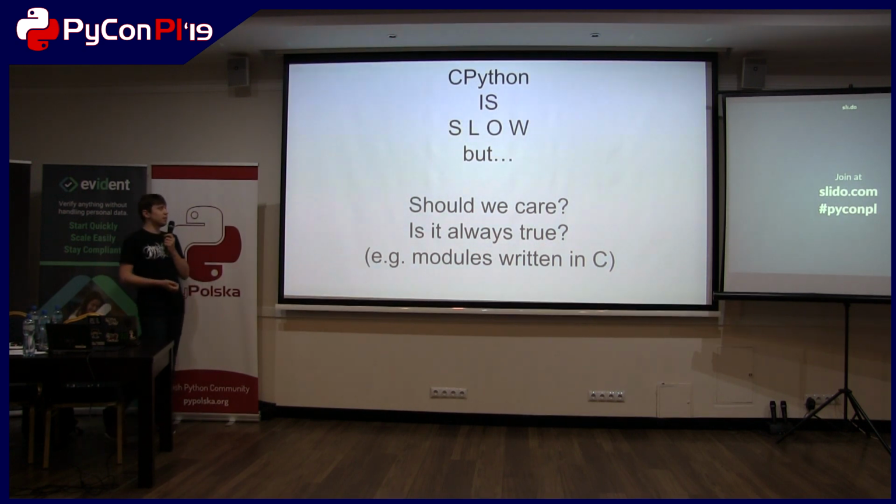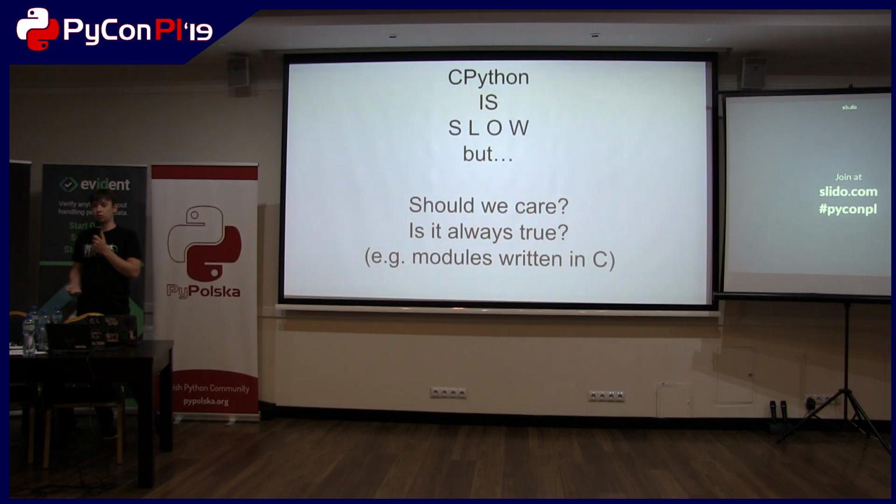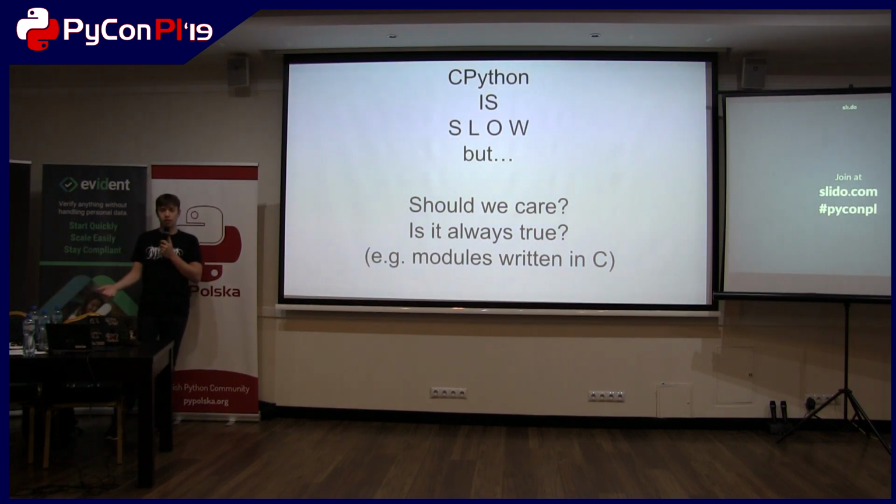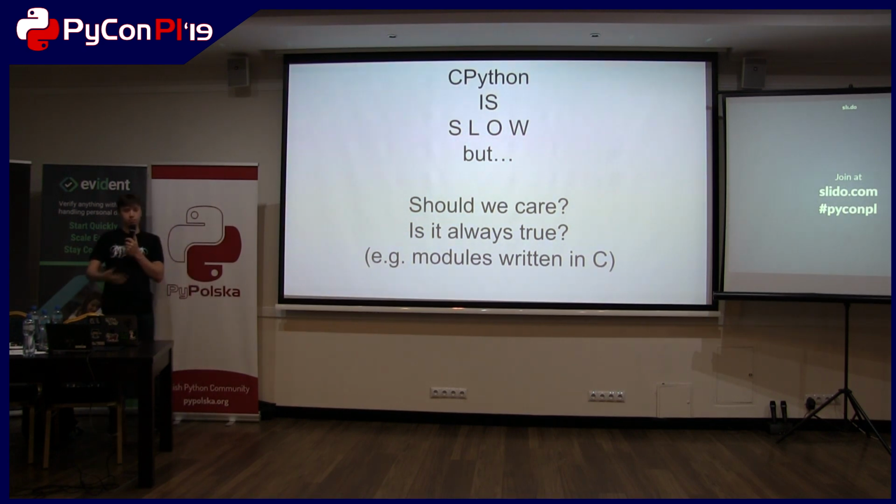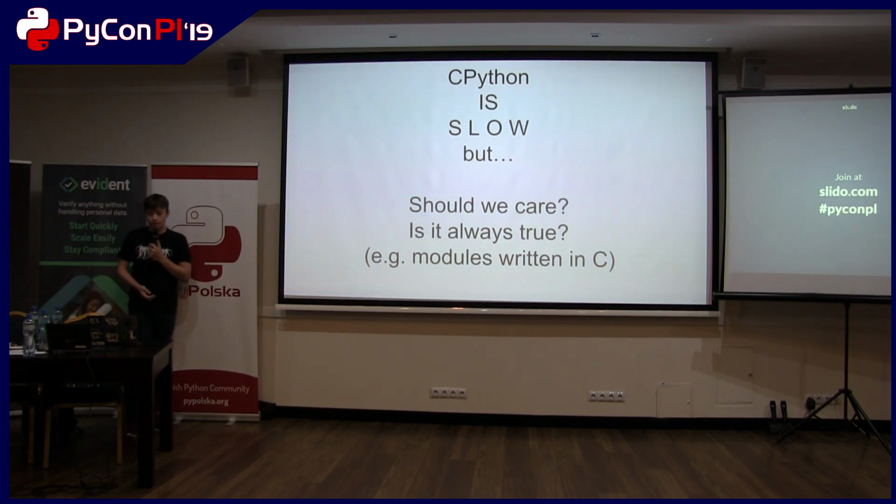And the question is, is it always true that CPython is slow? That might not be the case if you are using, for example, modules written in C like NumPy or SciPy. Because if you use the types from NumPy, the types are the low-level ones in C. So for example, you might have a NumPy array of 32-bit integers, and this will not have all the overhead from CPython integers.